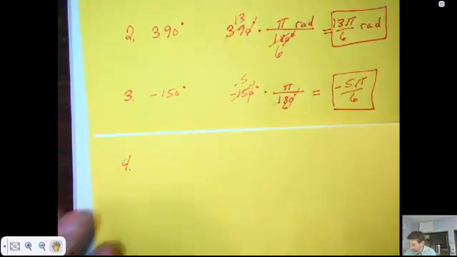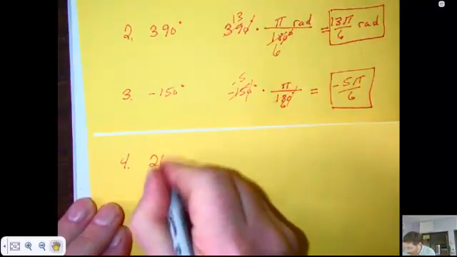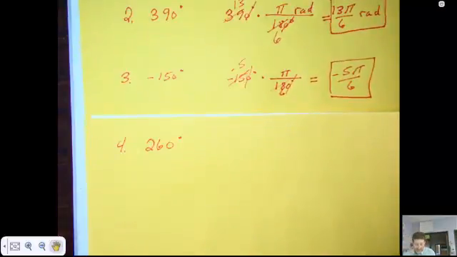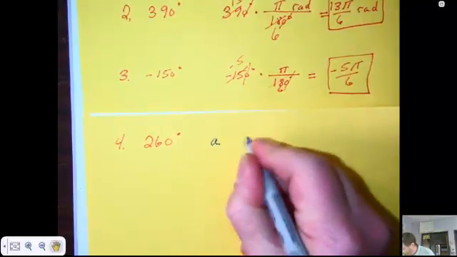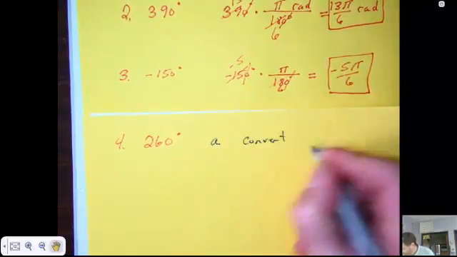Alright, one more example. Let's see, this one, now I think this is paragraph after question in the book. It's 260 degrees, and I think the book has about 3 or 4 different things it wants you to do with this. First, it wants you to convert that to radians. So A, convert to radians.